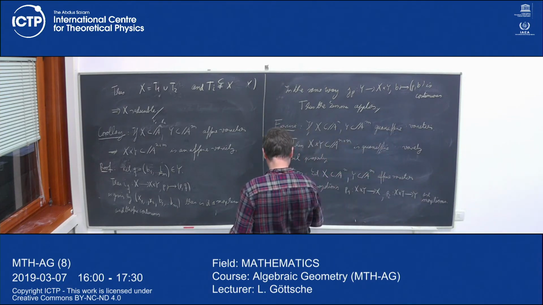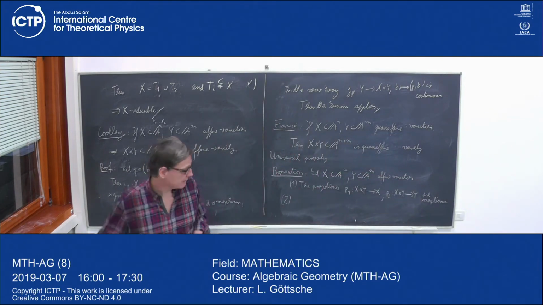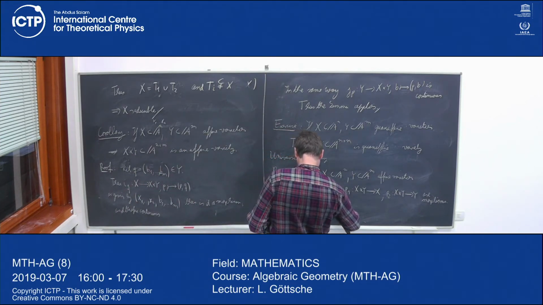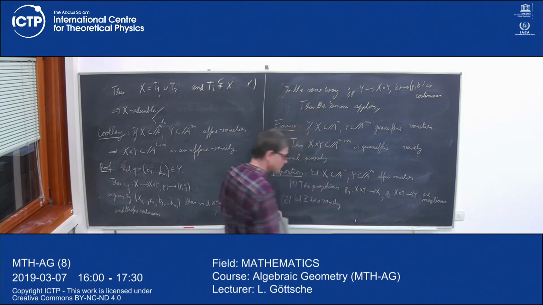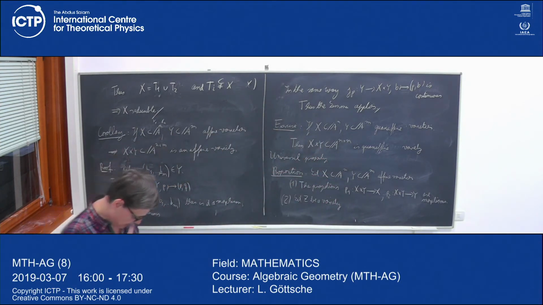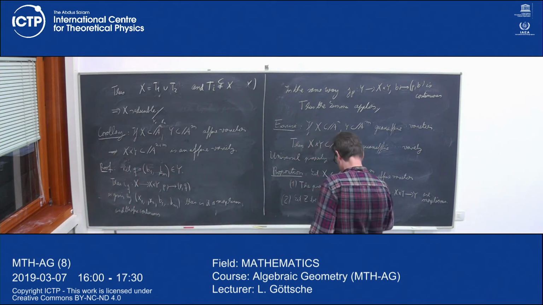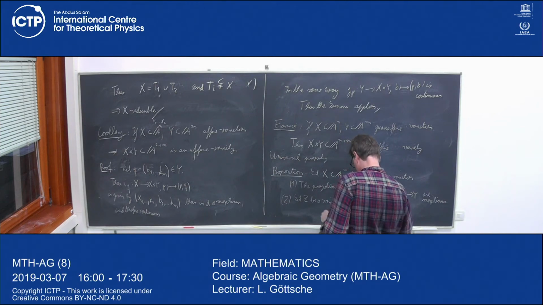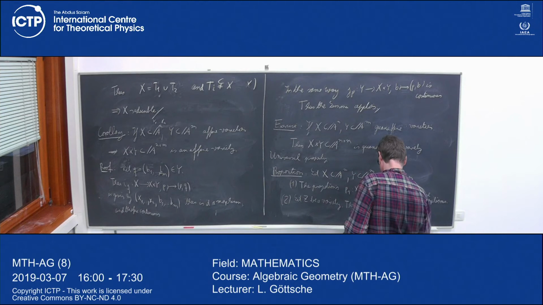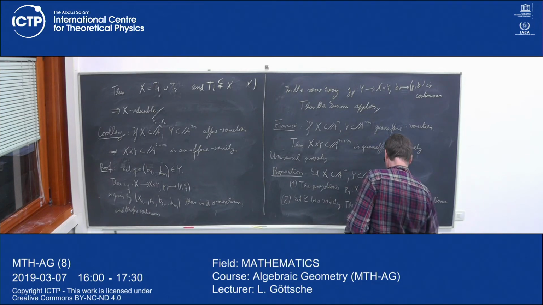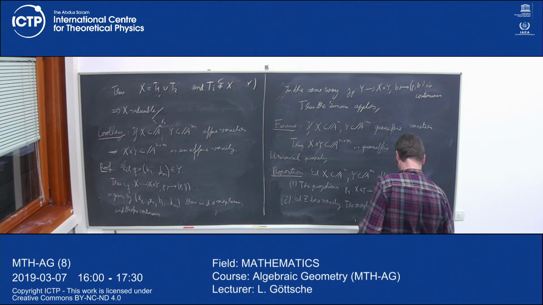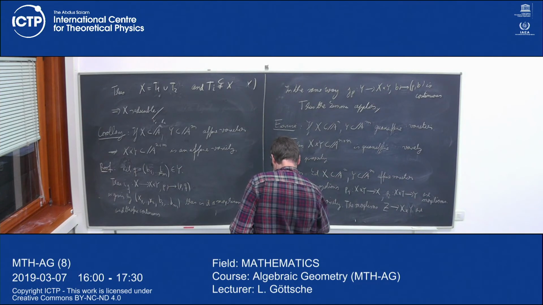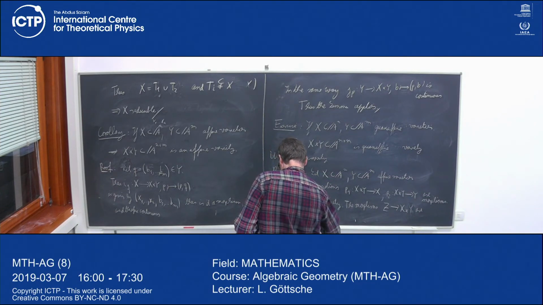And secondly, if z is any variety, quasi-affine or quasi-projective, the morphisms z to x times y are precisely the following maps.